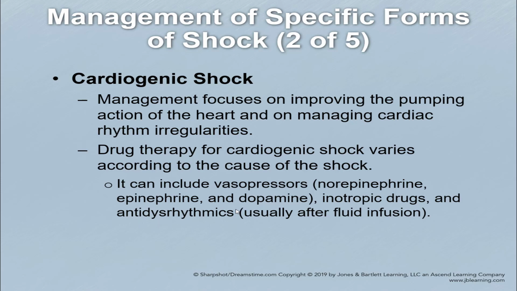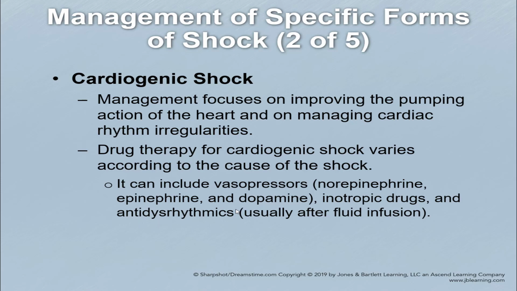Okay. So drug therapy for cardiogenic shock varies according to the actual cause of that cardiogenic shock. It may include vasopressors like your norepinephrine, your epinephrine, and your dopamine. Inotropic drugs. I love how it finally took your inotropic drugs out of there, because when we think of just strictly an inotropic drug, that's your dobutamine.